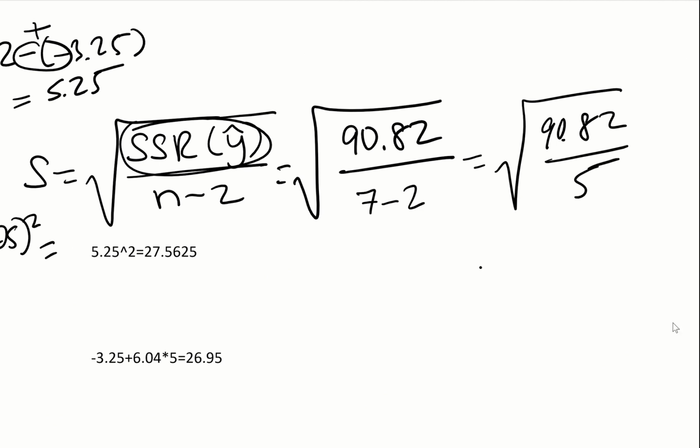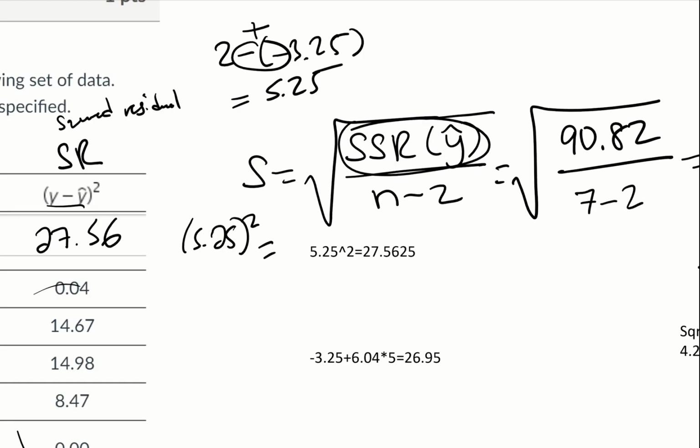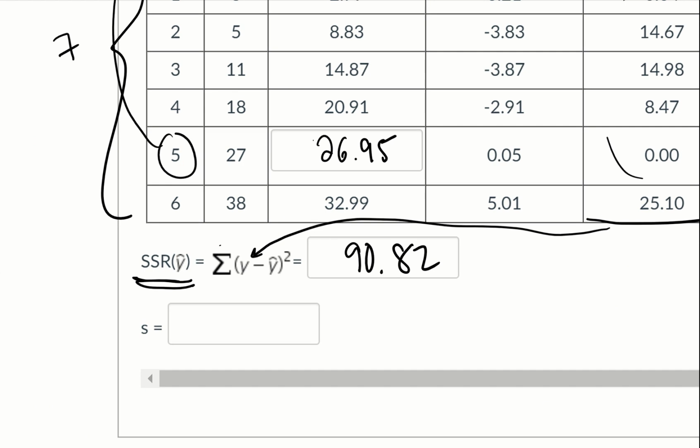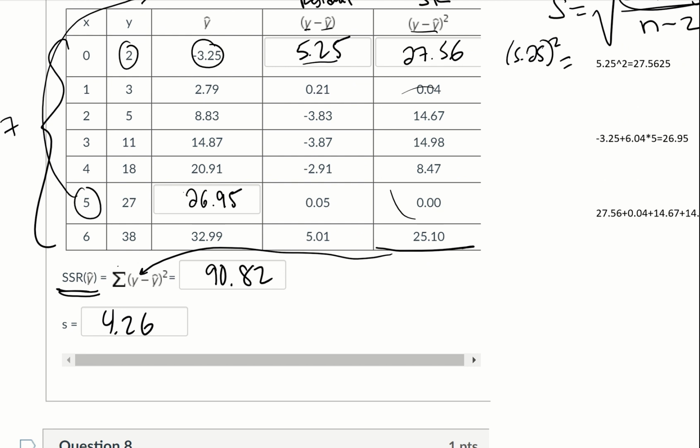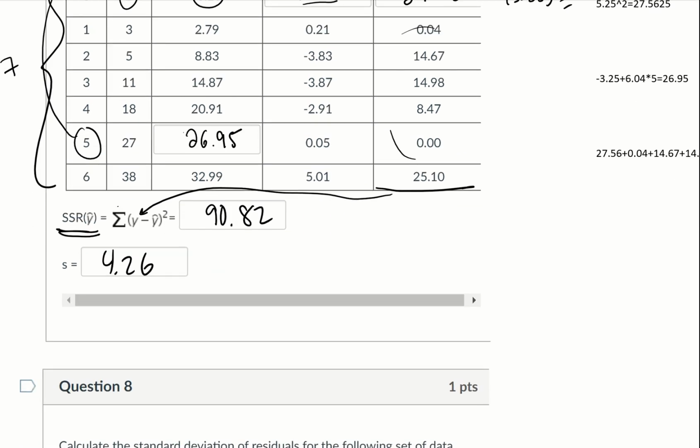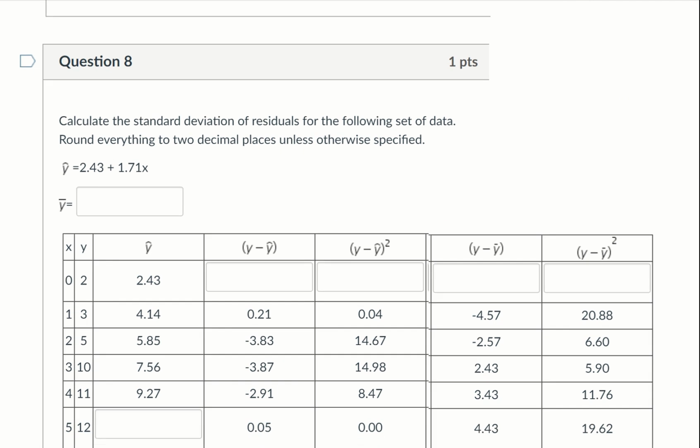So we'll go ahead and calculate that. So we get about 4.26. So that's going to be my S, about 4.26. Right, that's how you calculate the standard deviation of residuals. And that's a relatively small number. So that means that the errors on average are not very large. So that's pretty good.